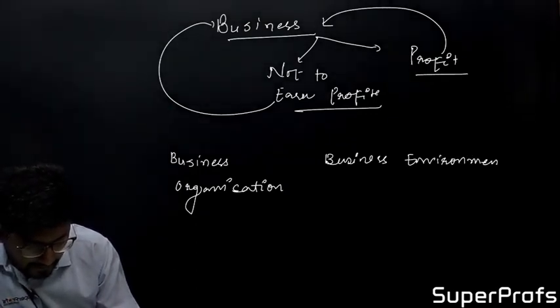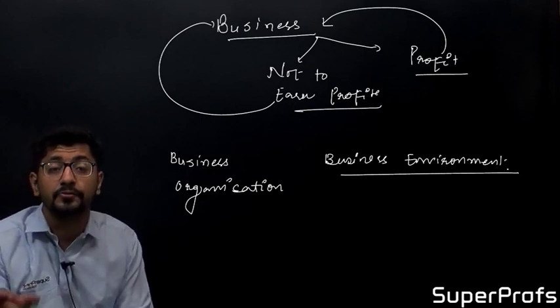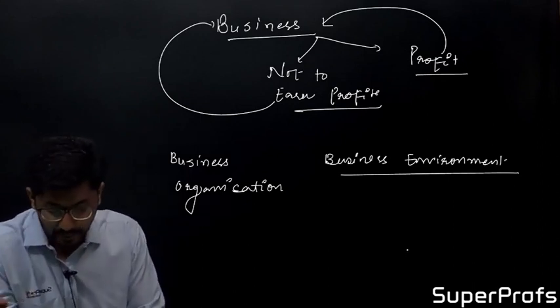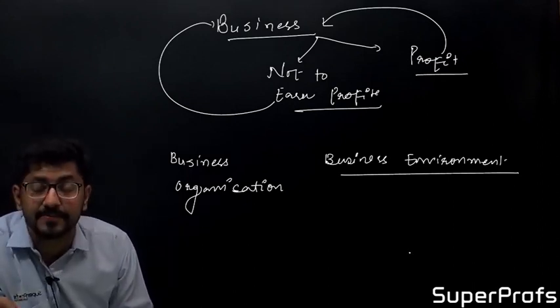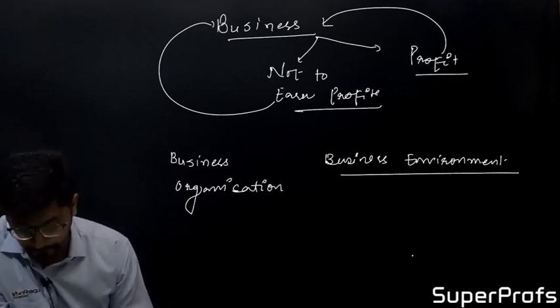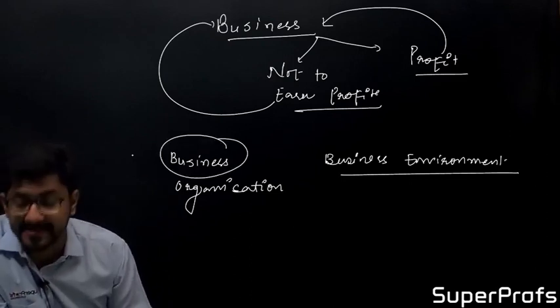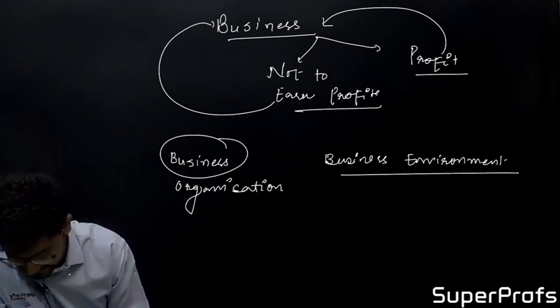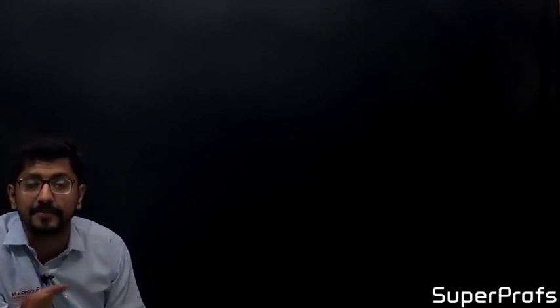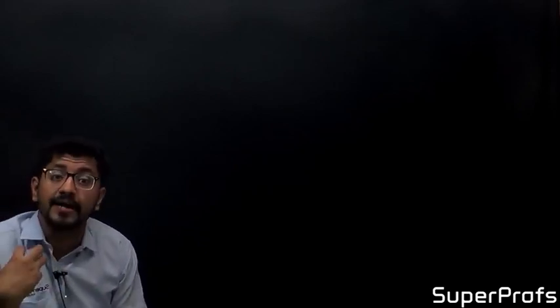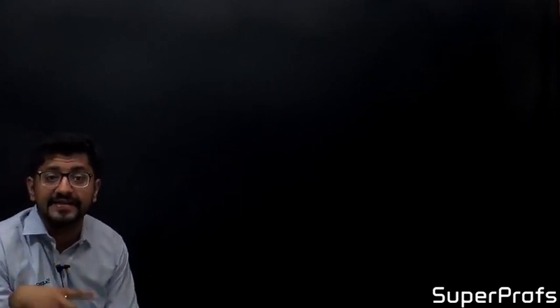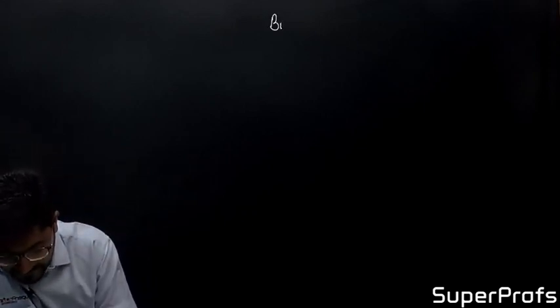Maybe you are aware of these terms, but to study this subject, there is a need to study these terms in a more detailed manner. So first of all, I am starting from the basics of business, and then we will come to the topic of how the environment affects the business, and if the environment is affecting the business, then what kind of strategies and plans are needed to run the business efficiently and effectively. So first of all, business.